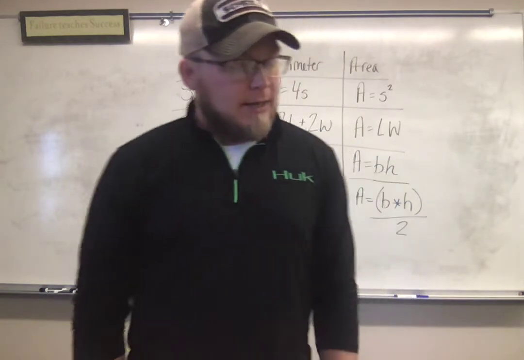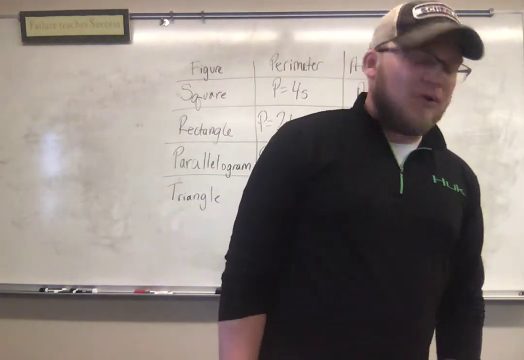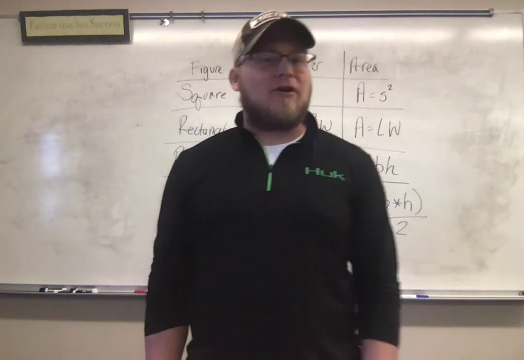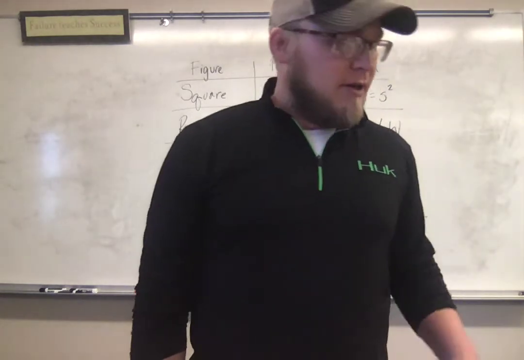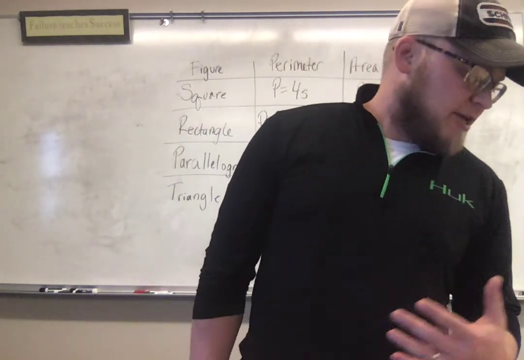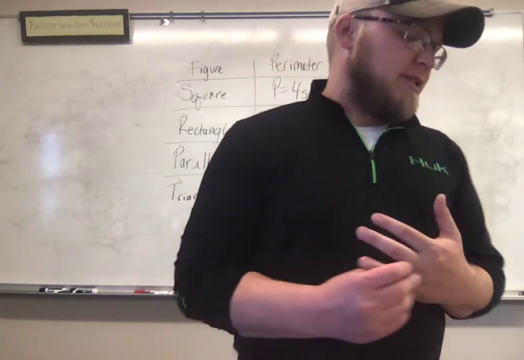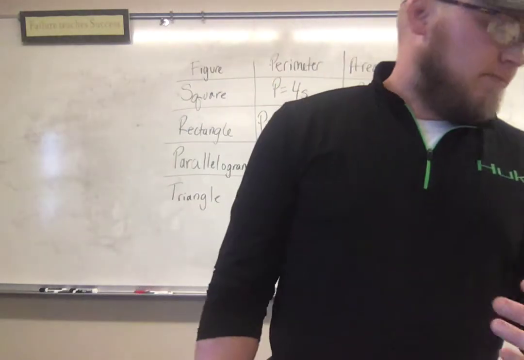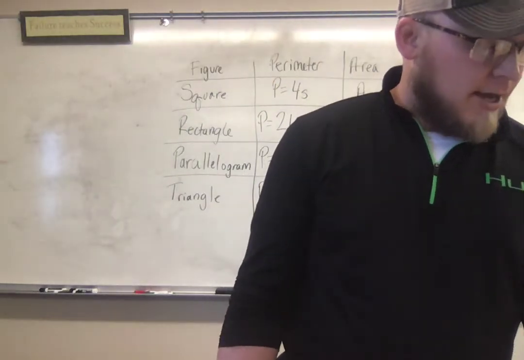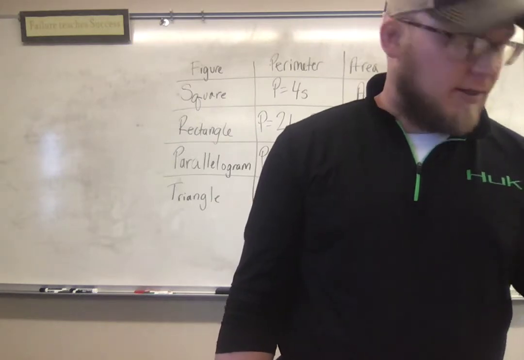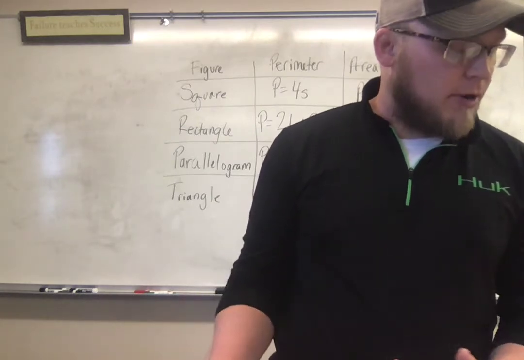Basically, this is just reiterating some things that we've already talked about the entire year. If you look on page 474, you'll see a chart, and it says figure, and then it lists a square, rectangle, parallelogram, triangle.